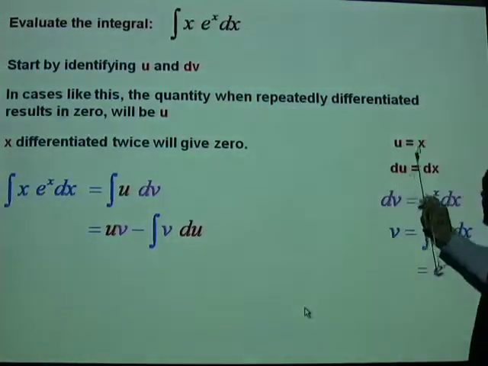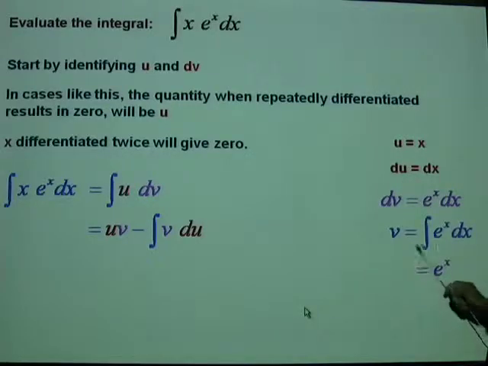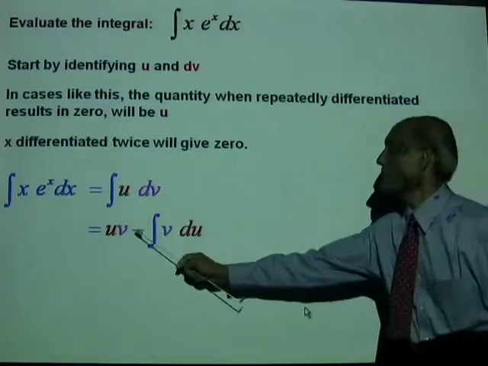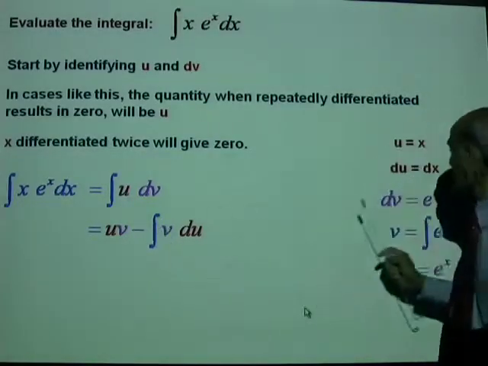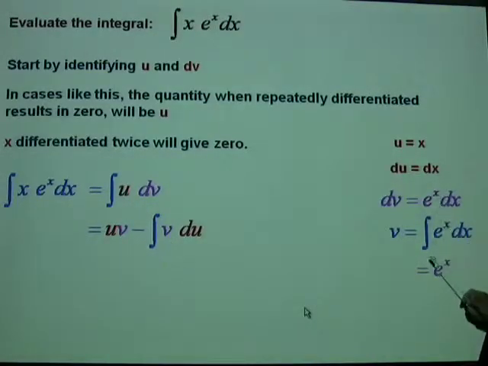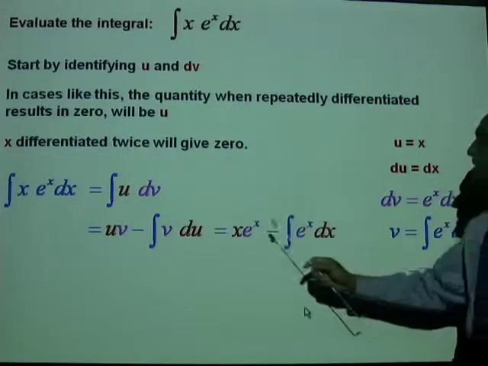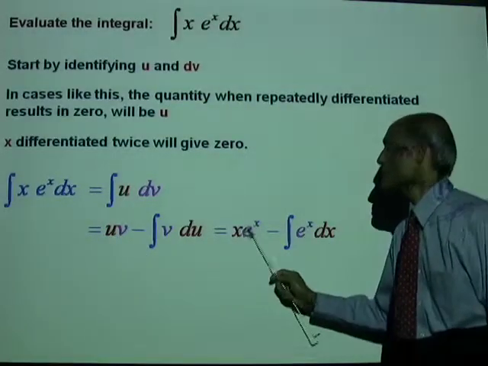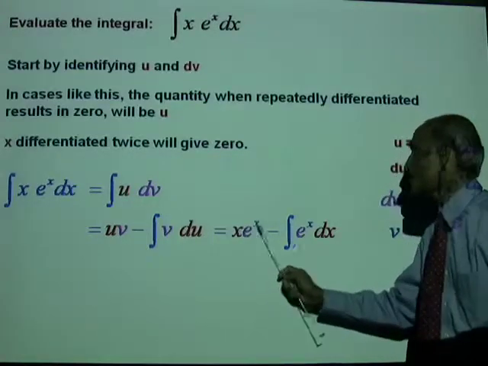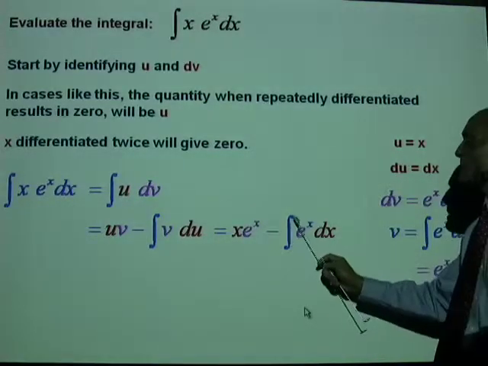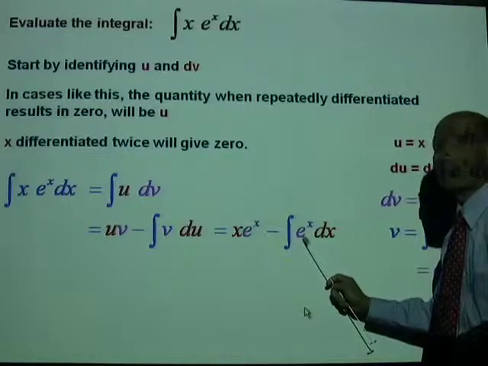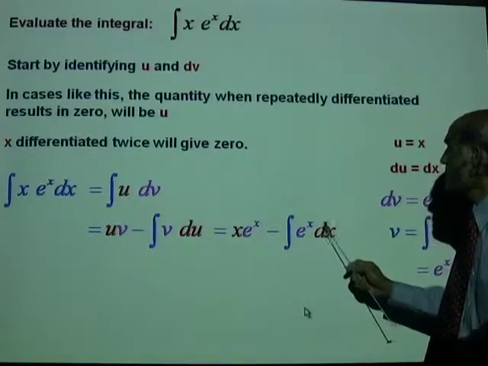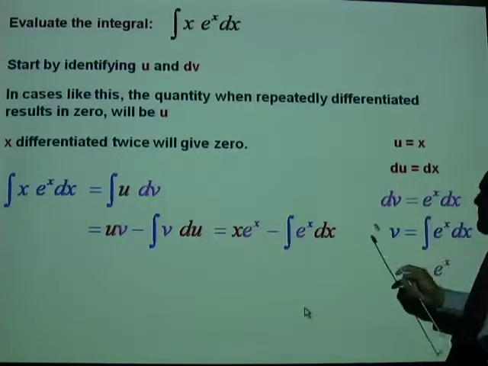So u times v will be x times e to the power of x, minus integral v du. v is e to the power of x, du is dx. So that is x e to the power of x, u times v, minus integral v du. That's our v, this is our du.